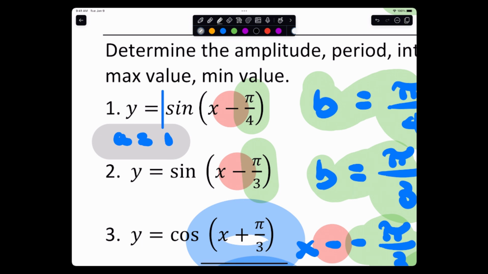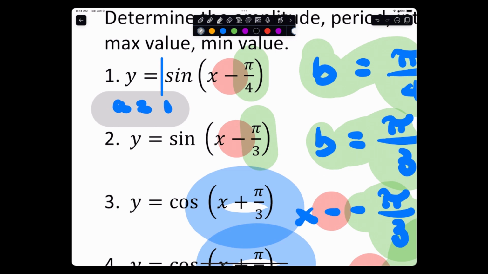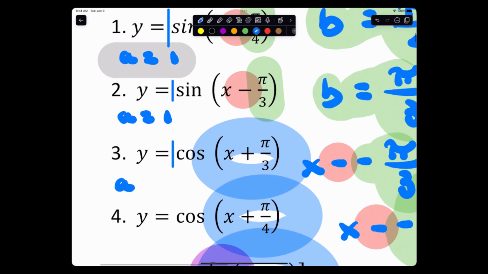Is that true? And so here as well, we should say there's a 1 there. You can always put a 1 in front of any number, because 1 times anything is always itself. So this means A is 1 here.